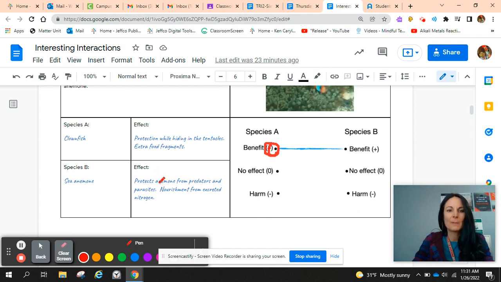I'm like, okay, it's getting protection from the predators from the clownfish, and it's getting nourishment. So it's getting nutrients from the nitrogen. Those both sound like good things. So I see that this is also a positive thing. So that's why I draw my arrow to connect those there. Okay. So we're going to do another one together that's blank so you can kind of see what you're supposed to do.